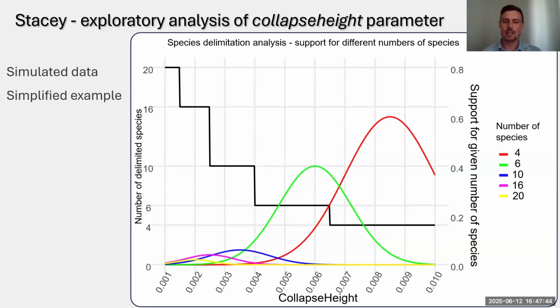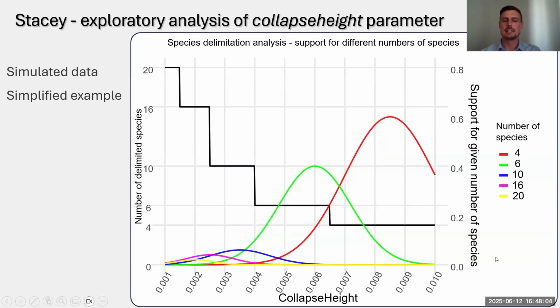This is showing not the first and second most probable scenario, but the distribution of several different scenarios with 4 delimited species, 6, 10, 16, 20.